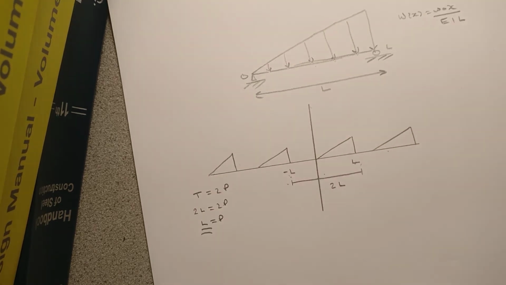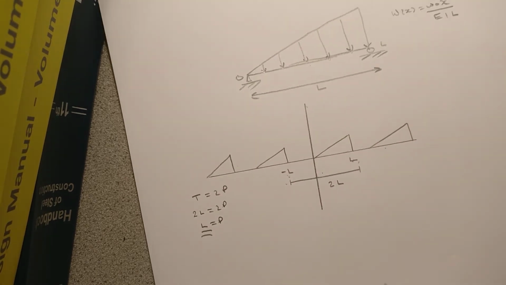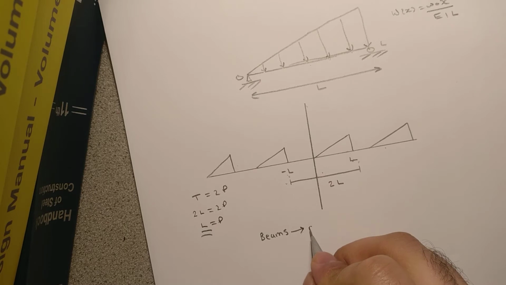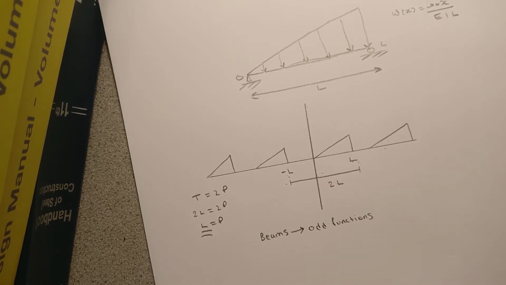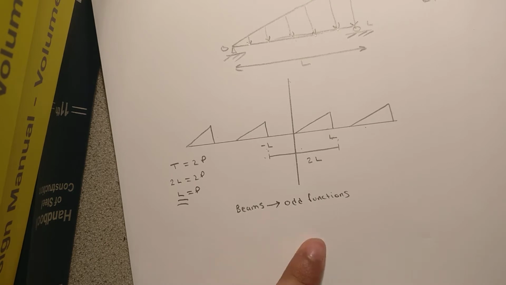Another thing is for our beam functions: for beams, we take them as odd functions. When we take a function as an odd function, we can use a Fourier sine series to solve our beam.